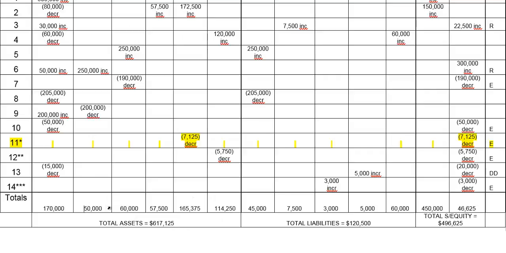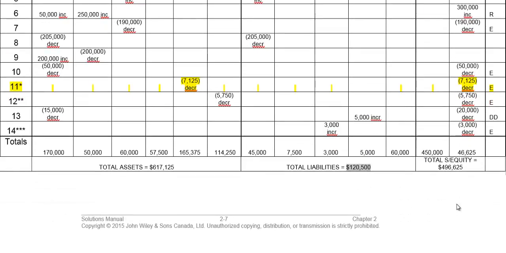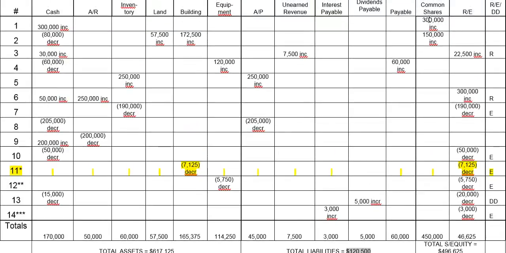Your total assets will be the total of all these columns, and that's $617,125. I can add up all my liability account balances, and it gives me total liabilities of $120,500, and the same thing with shareholders' equity. I started off with common shares of $300,000 and issued $150,000 worth more.